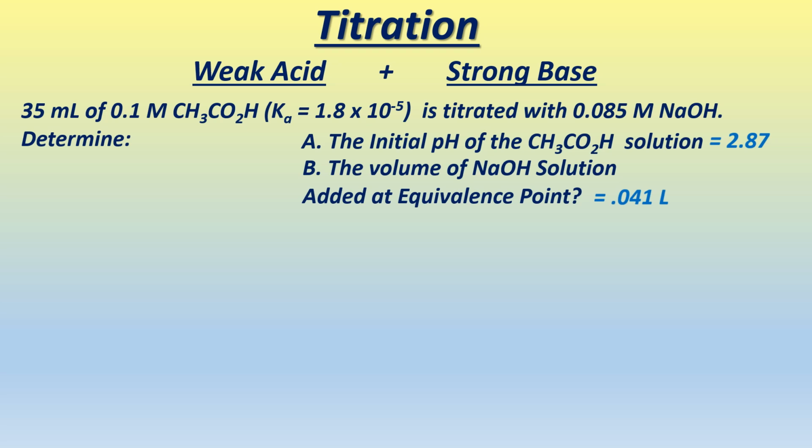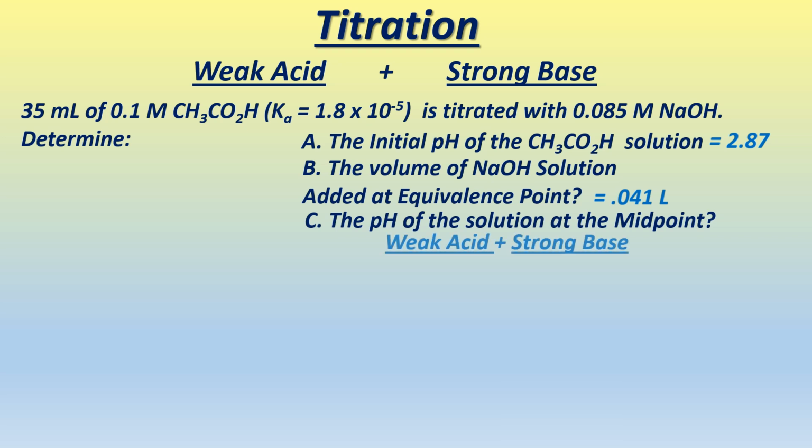The third part of the question, what is the pH at the midpoint of the solution? This winds up being a very, very important question. With regards to a weak acid and a strong base, if one reacts a weak acid and a strong base, one produces the conjugate weak base.